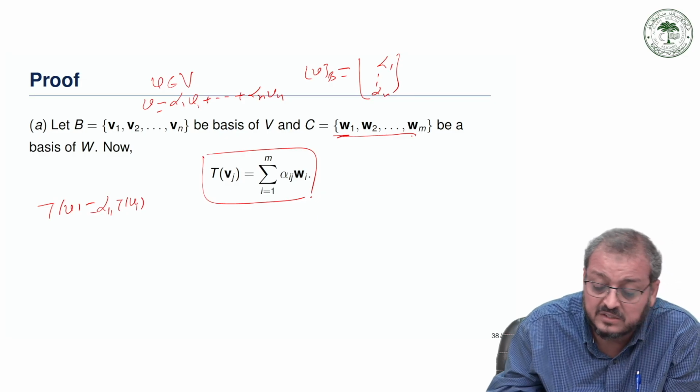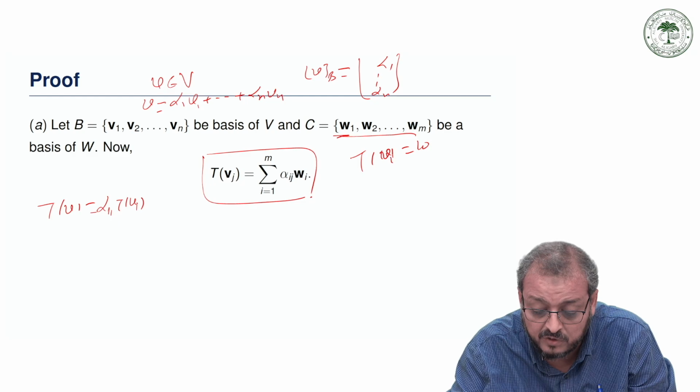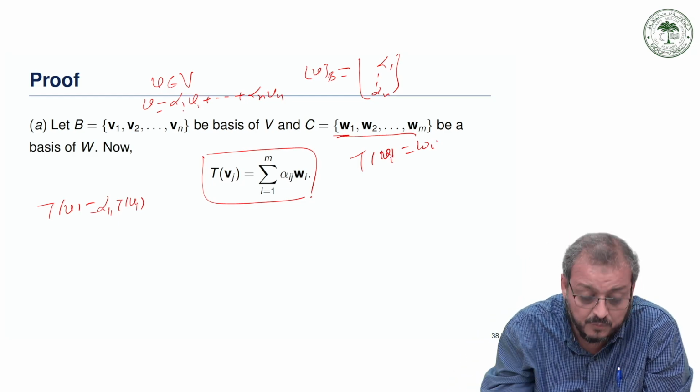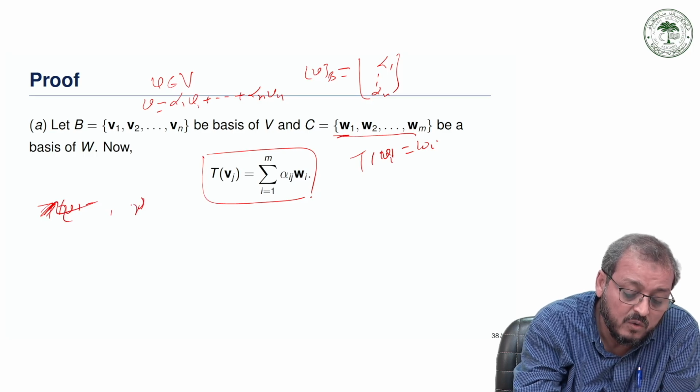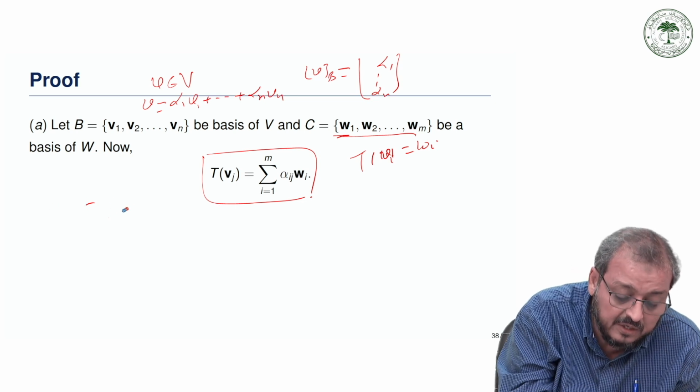So we also know that T of Vi can be written as a linear combination of the Wi in this form. If you remember, I showed the matrix representation in the form where we take T of V1 and T of V2.